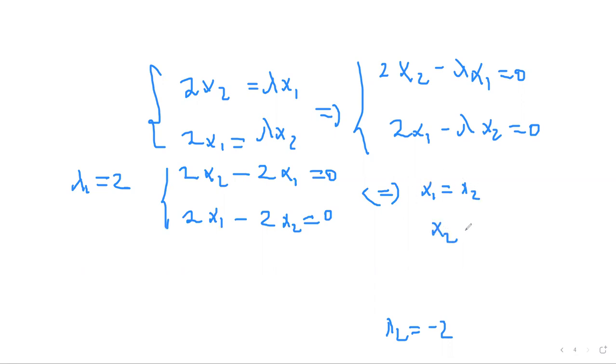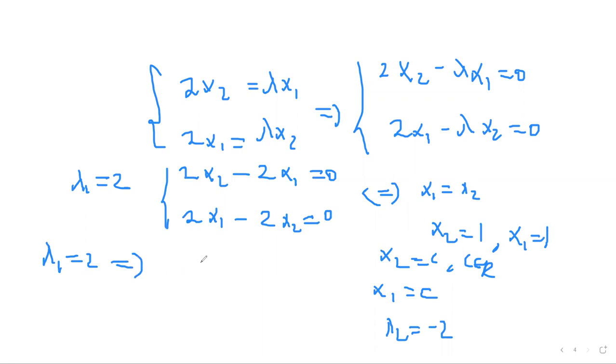For example, if you take x2 equals 1, then x1 is equal to 1 again. So if we take x2 equal to any real number c, then x1 is also c. So for lambda 1 equals 2, we have the eigenvectors in the form c and c. So x2 is c, x1 is c. These are infinitely many vectors associated with this eigenvalue.